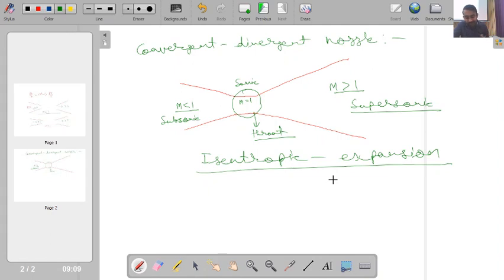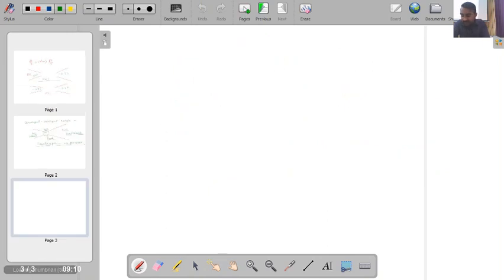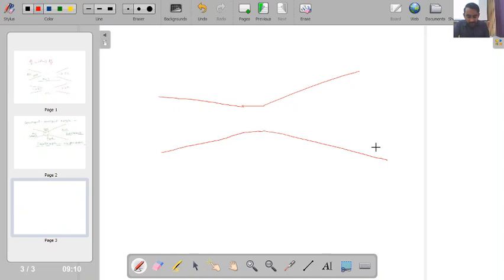Now I can utilize this similar variation in the area even to achieve isentropic compression. How can we do that? If I consider that my initial Mach number is greater than 1, so I have a supersonic flow situation, then when I move in the downstream direction, my Mach number will keep on decreasing with decrease in area.